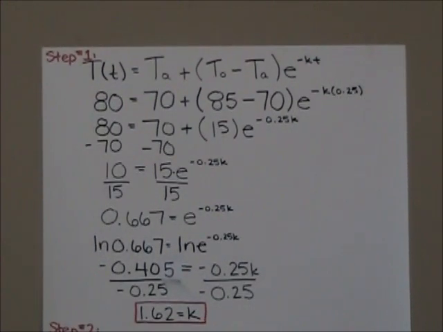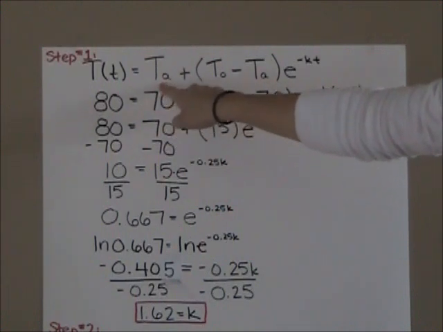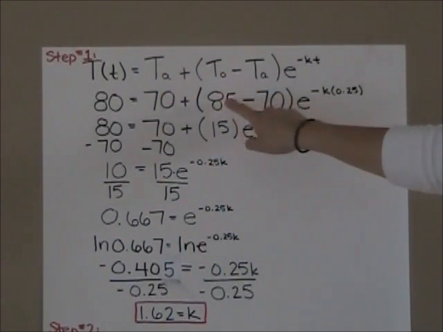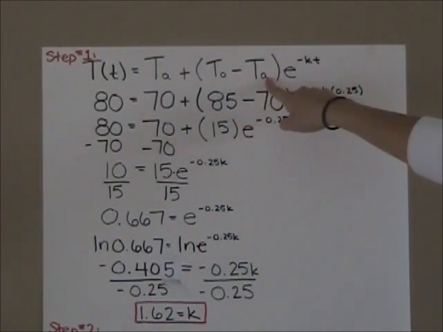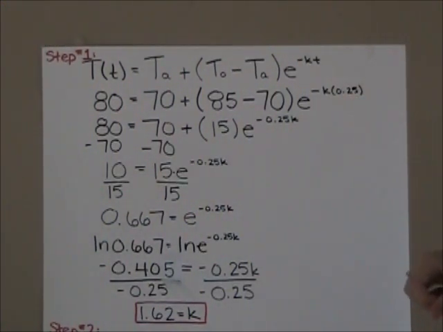So our first step is to find k, like I just said, and we're going to plug into our equation. We knew T of t is 80, T sub A is 70, T sub 0 is 85, again T sub A is 70. e is a constant, just like pi is equal to 3.14. k we're finding, t is 0.25.